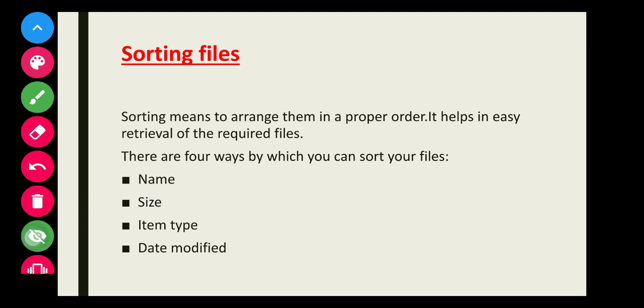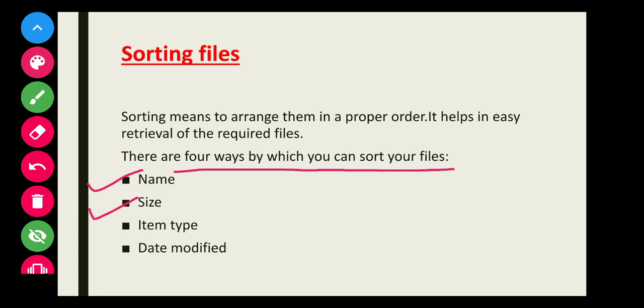There are 4 ways by which you can sort your files. The first one is name. Selecting this option orders files alphabetically by file name. The second one is size.